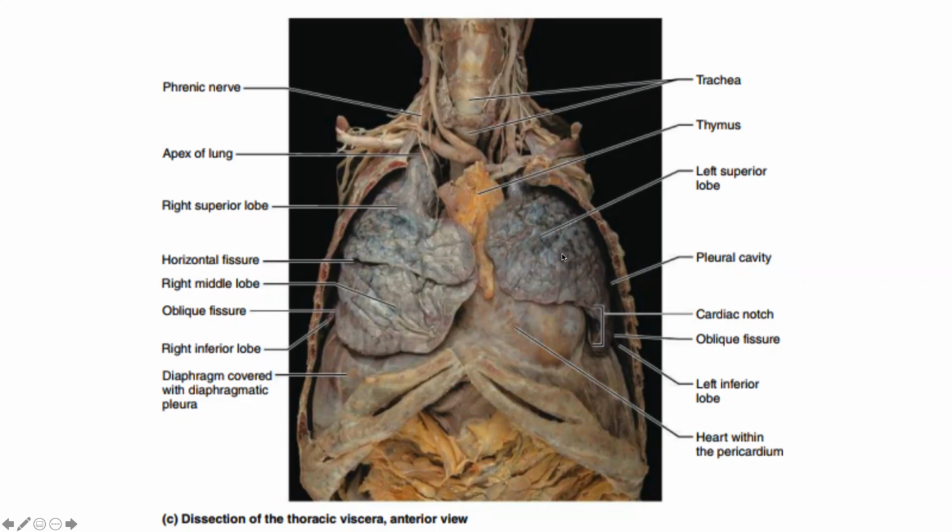And in the left lung, we have only 2 lobes, superior lobe and inferior lobe, which are divided by the oblique fissure. And in the left lung, we have a notch area, which is called the cardiac notch. Thus, we end the lecture on the respiratory system.